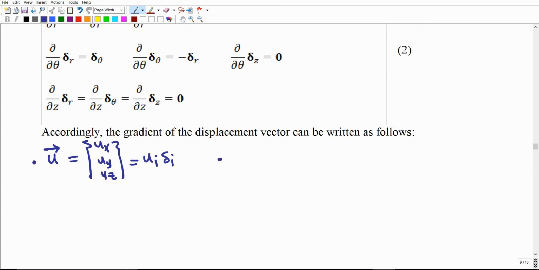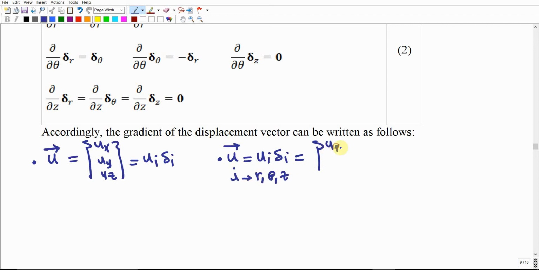The other option is, if we decide to represent the same displacement vector in the cylindrical coordinate, we won't use x, y, and z, we use r, theta, and z. So the displacement vector is also ui delta i, with the same index notation, but i here will be r, theta, and z.